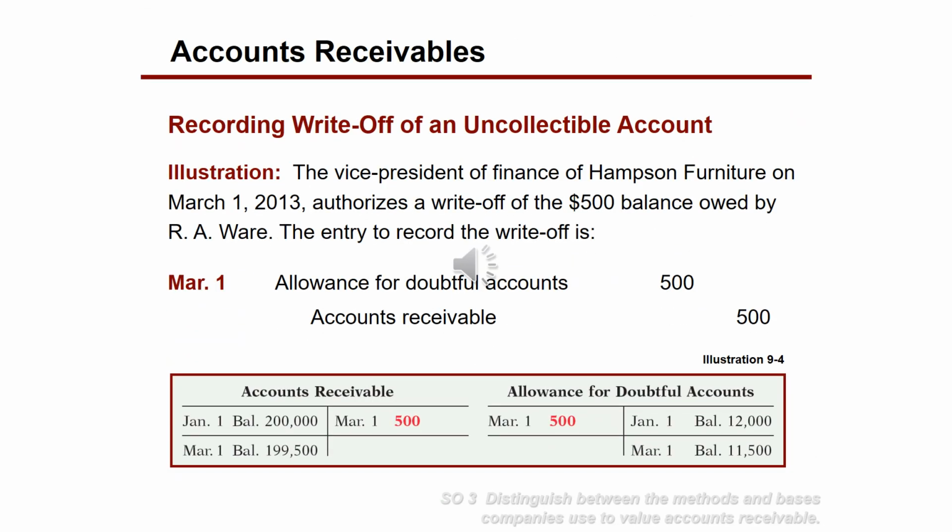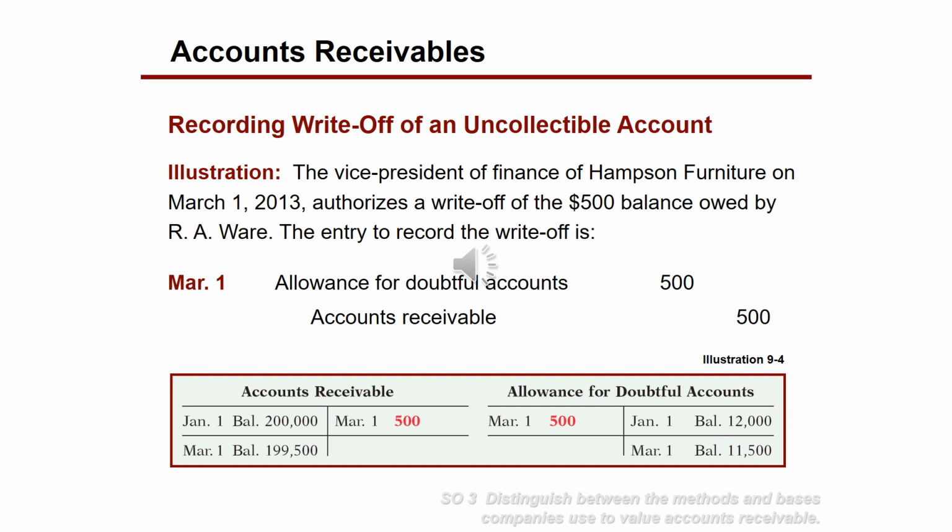The next stage here says the Vice President of Finance of Hampson Furniture, on March 1st, 2013, as you notice, about 2 months later, authorizes a write-off of the $500 balance owed by R.A. Ware, where the entry to record the write-off is going to be as follows.